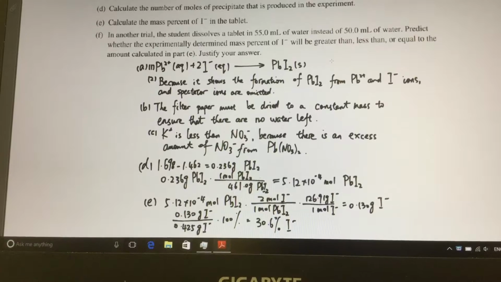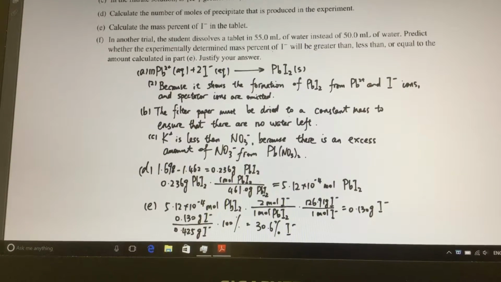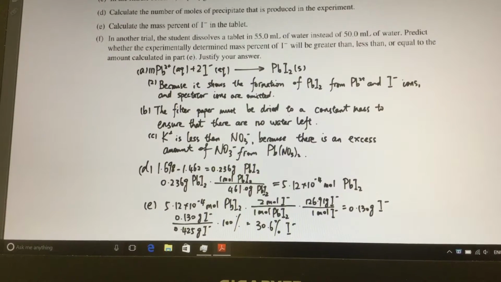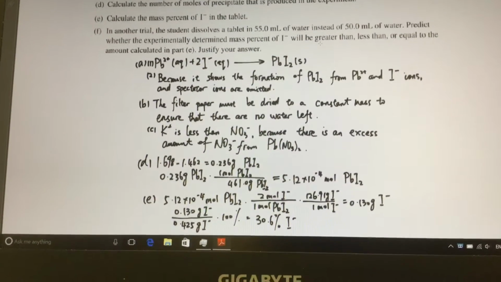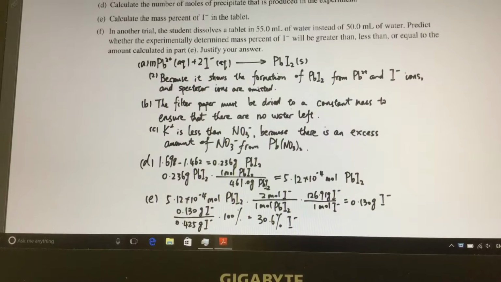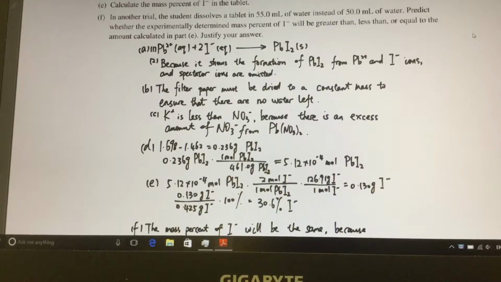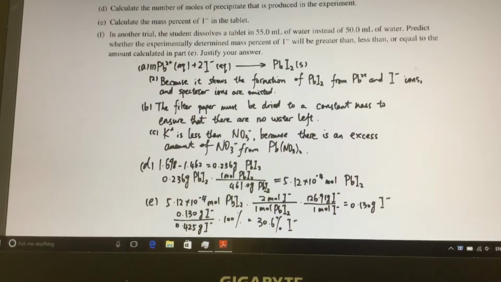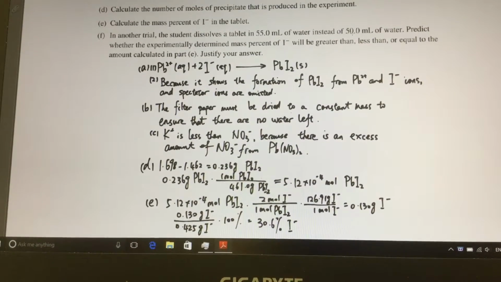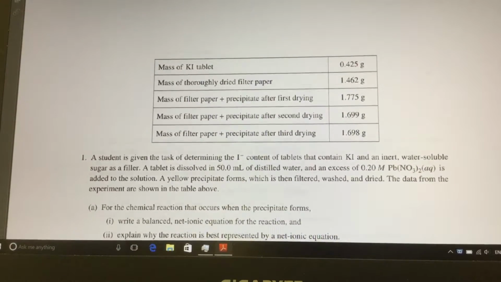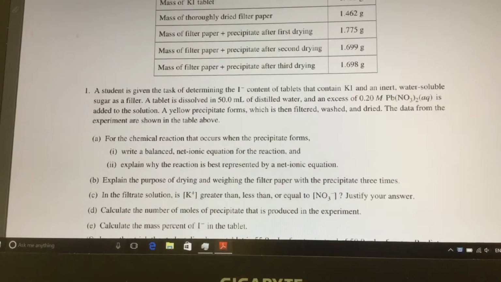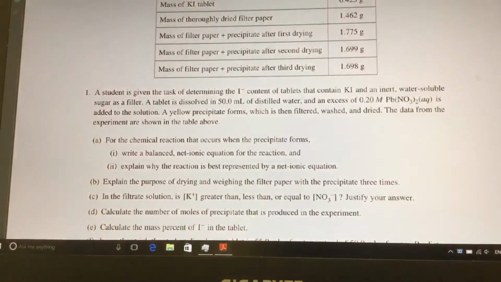Question F. In another trial, the student dissolves a tablet in 55 milliliters of water instead of 50. Predict whether the experimentally determined mass percent of iodine ions will be greater than, less than, or equal to the amount calculated in part E. Well, it's actually going to be equal, because adding water does not change the total mass of the KI tablet, and we are going to dry all the water to make sure that there is no water left in the substance.